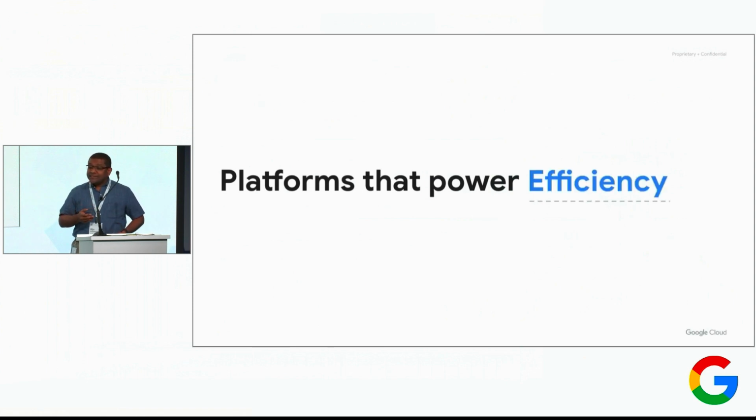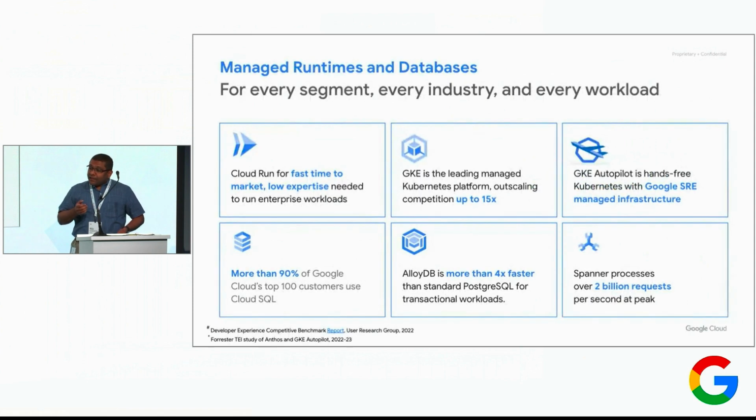The next one is efficiency. And here we have touched on it 1,000 times already, which is the best way to get efficiency is to use, as much as possible, the managed services that Google Cloud provides, or, if possible, fully managed services that Google Cloud provides. And there is a difference between managed and fully managed. We can touch on it. You just contact me later and I can go over it if required.